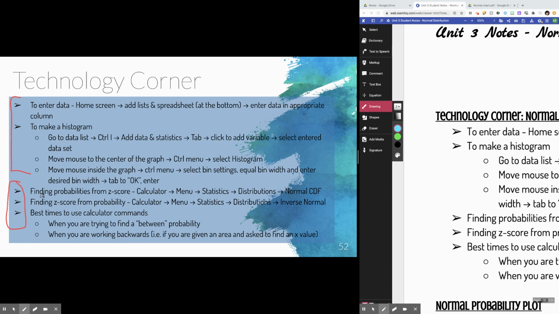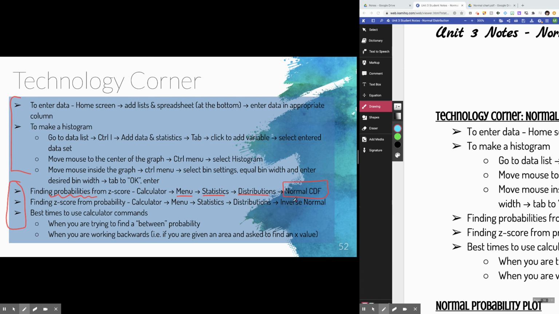The way that you get there is you always press menu, and then you're usually looking at statistics or maybe probability, then distributions. That's your calculator path. If you want to find a probability, like the first three examples that I did from a z-score, you use this command, normal CDF.